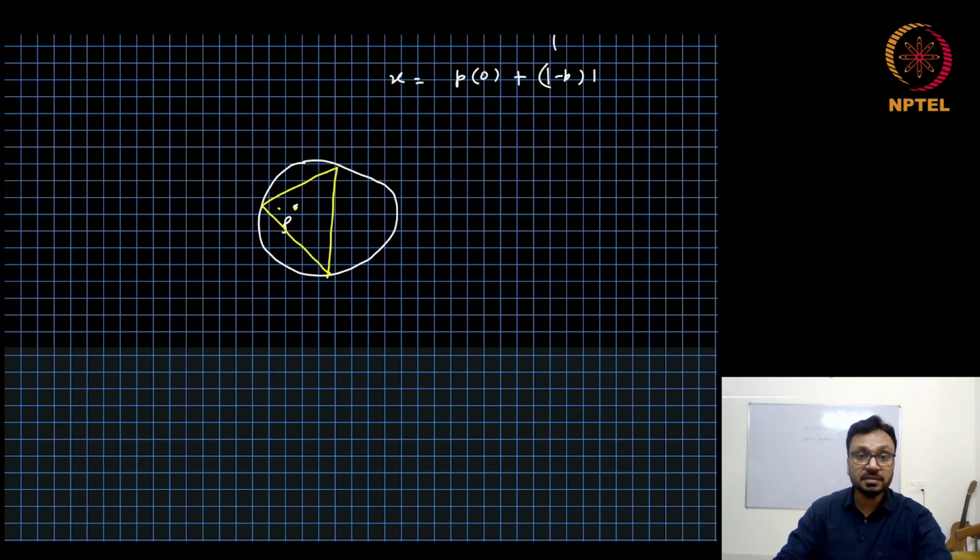Now a vector in this triangle, in this plane, can be represented by the weighted sum of the 3 vertices of the triangle. We have to find the weights, but it's not impossible and it exists. So we can always write the point in the circle as a weighted sum of the 3 vertices.